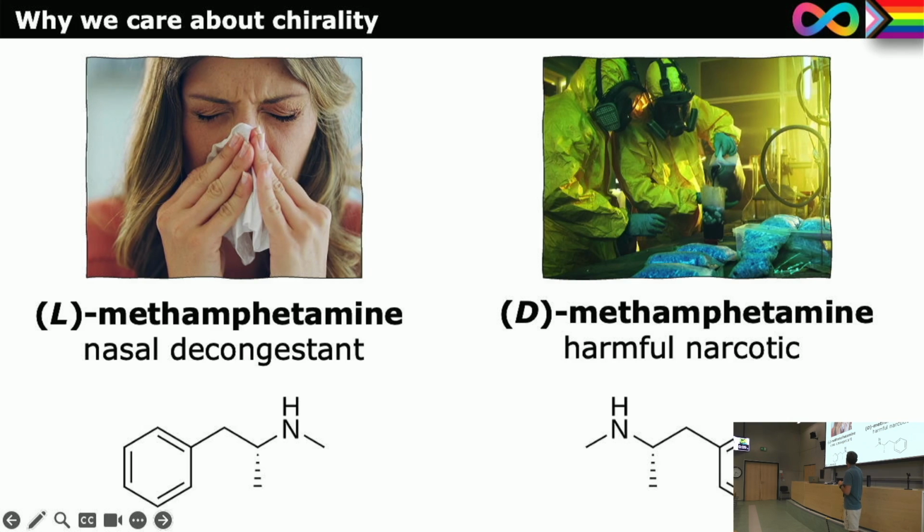So, why should we care about chirality? There are a few people that say that they don't care. I guess they mean that they don't care about Darek being chiral, but they care about chirality because chirality is everywhere. Chiral molecules are ubiquitous in nature. Most biomolecules are chiral, and one example where chirality plays key roles is in the pharmaceutical industry. You can have an enantiomer, like the left-handed enantiomer of methamphetamine, which is a nasal decongestant, and then the right-handed enantiomer, which has a very different effect.